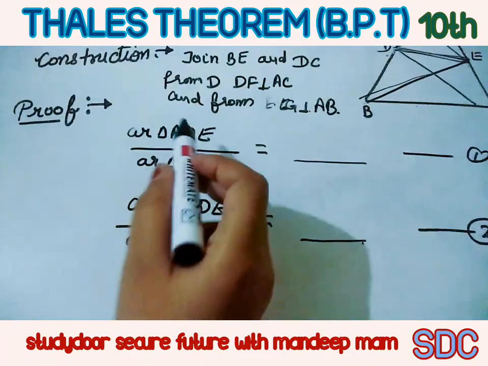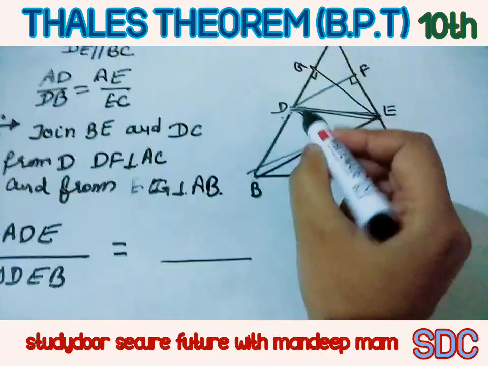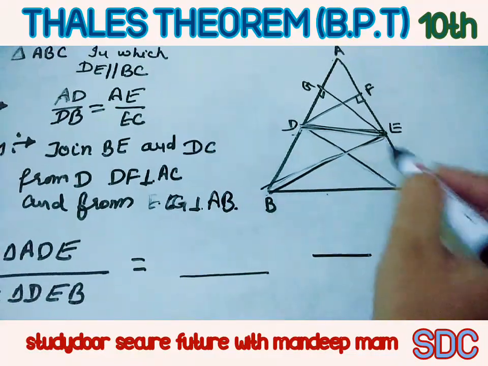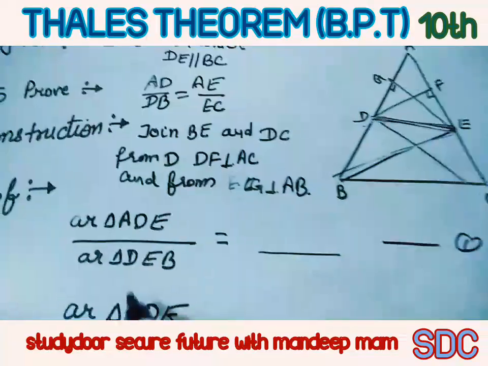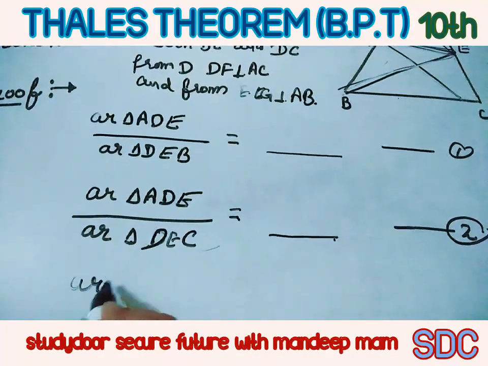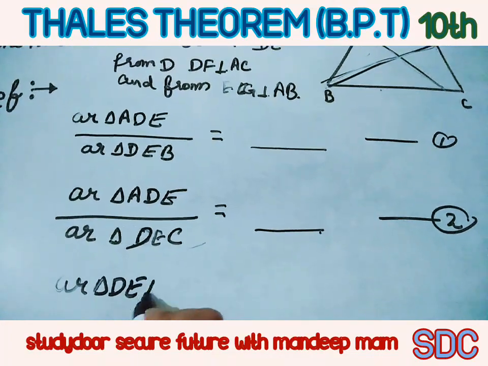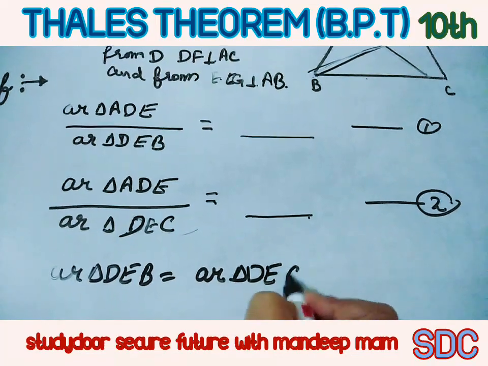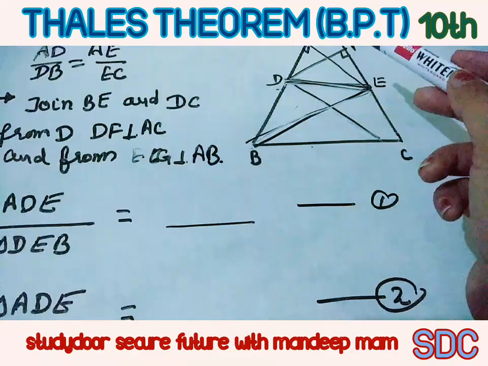Now after two steps, we have to prove that the areas of these two triangles are the same, which we have taken in the denominator. First we will write area of triangle DEB is equal to area of triangle DEC. Why is it equal?